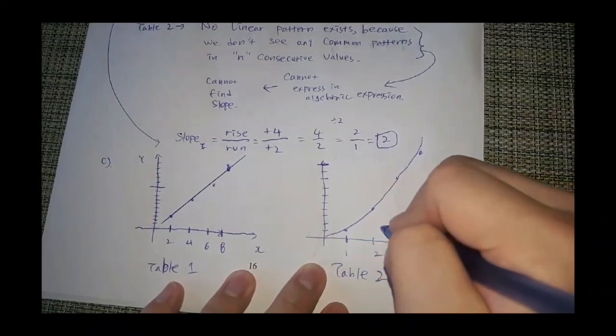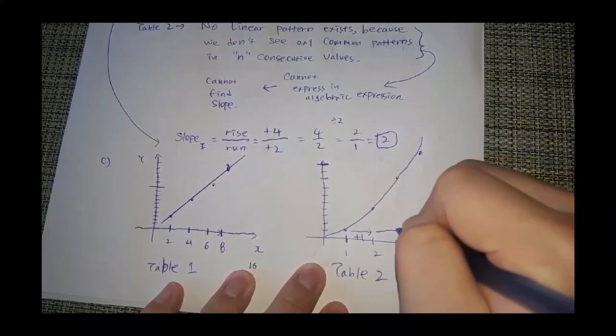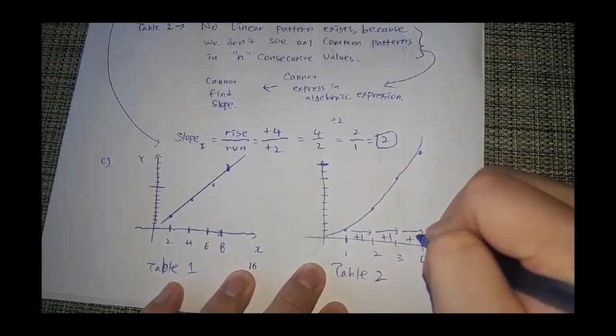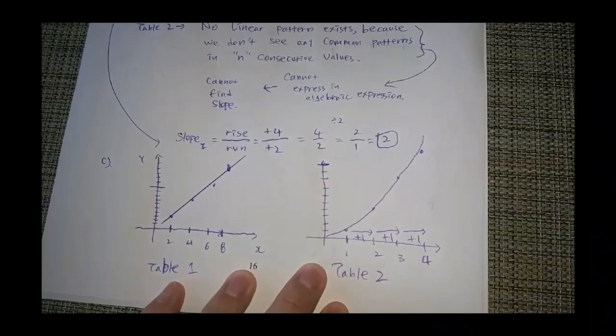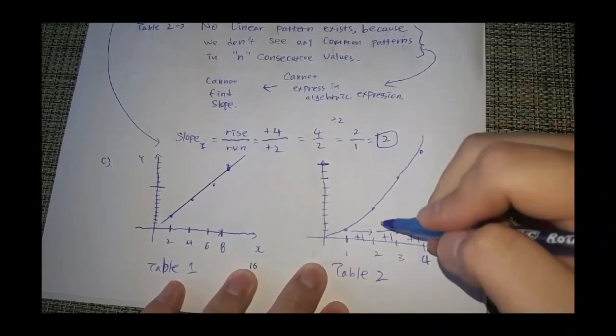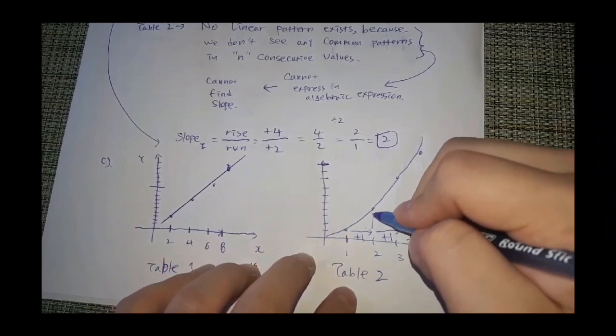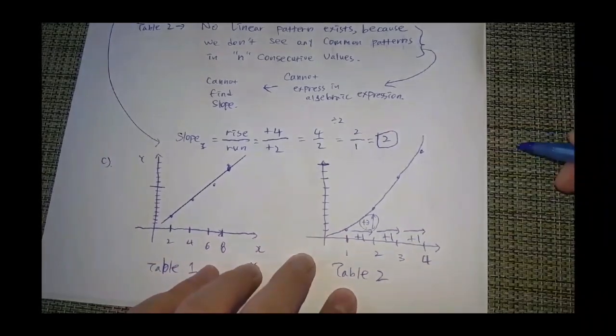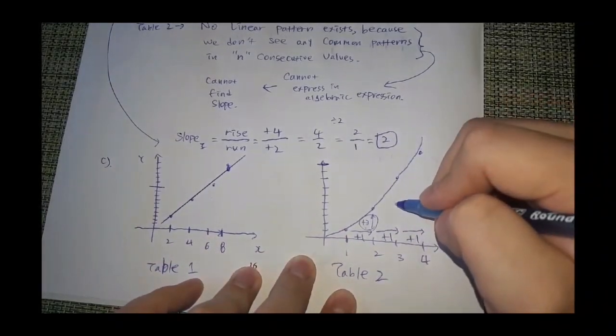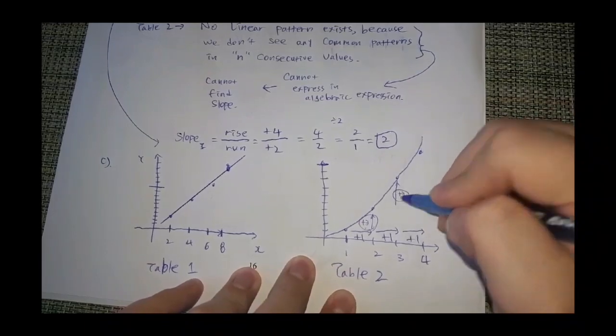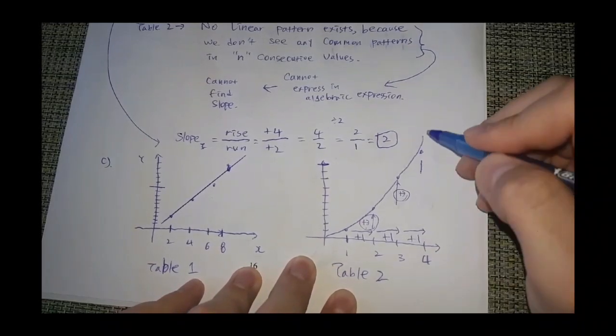Because from 1 to 2, you increase by 1. 2 to 3, increase by 1. 3 to 4, increase by 1. We know that pattern. But if you look at it vertically, 1 to 4, we have added by 3. 4 to 7, at least this part, we can agree. But 7 to 8, oops.